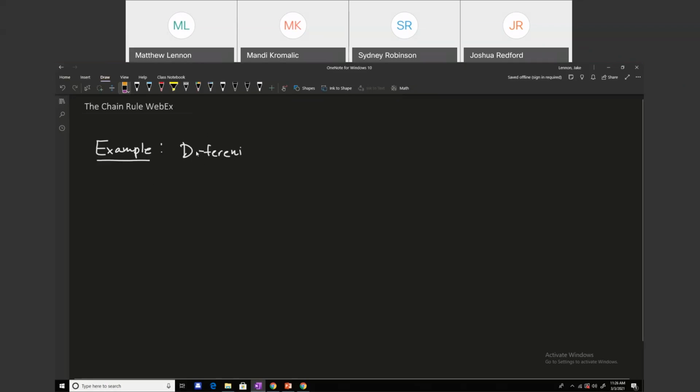Don't like that much either. Let me just start over. So f of x here is the square root of x squared plus 1.